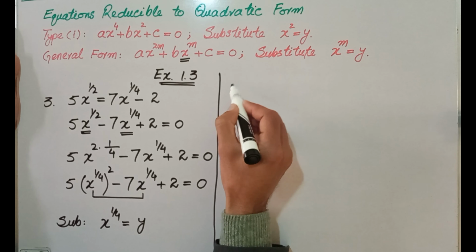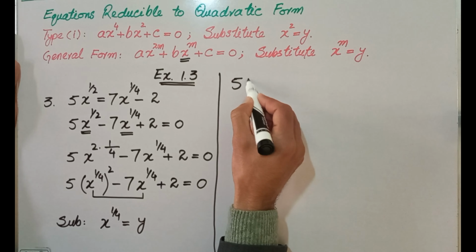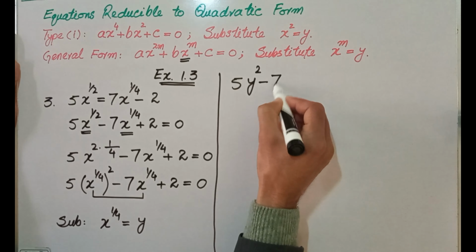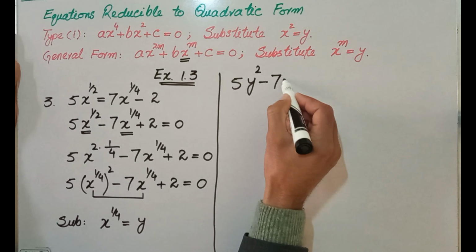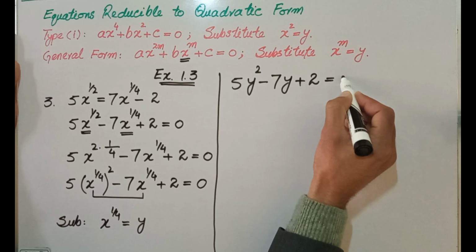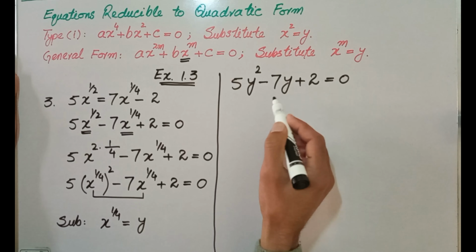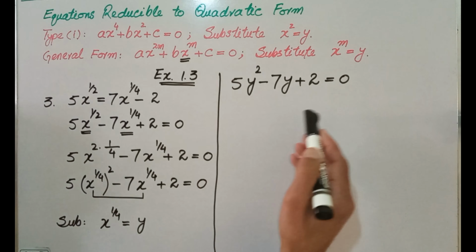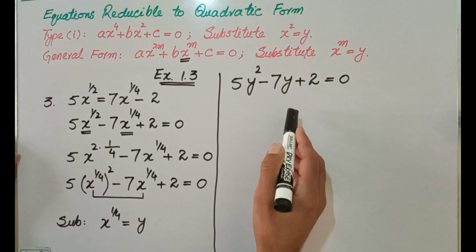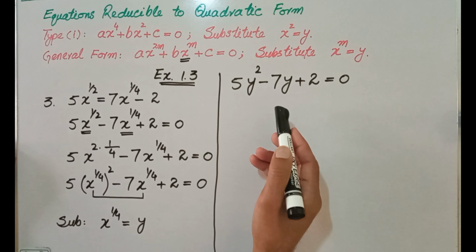We get 5 (x power 1 over 4 is replaced by y and square is as it is), minus 7 (x power 1 over 4 is replaced by y), plus 2 equals 0. Again, we see that this is a standard form of the quadratic equation. We can use any method applicable for the quadratic equation, that is the quadratic formula, completing the square method, or the factorization method.